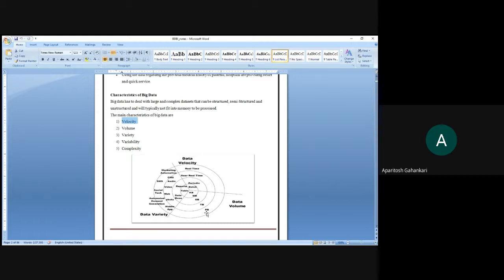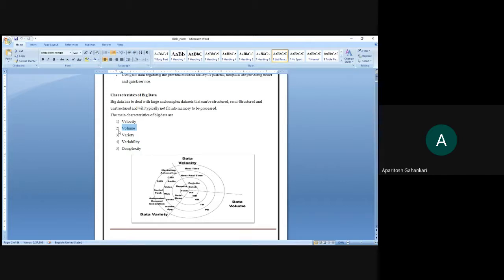And humans are generating this data in a voluminous manner. That means it is not restricted to KB, MB and GB, it is in petabytes. So velocity is there, with high speed the data is getting generated, and volume is there, high volume data is getting generated.